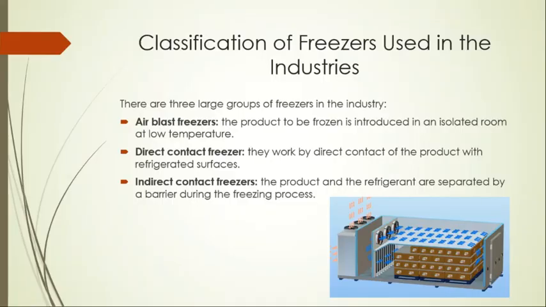So air blast freezers are as shown here in the figure, where there is a large room to secure or store your product, or maybe the raw material, at a low temperature, and the complete refrigeration cycle is attached with this complete unit.